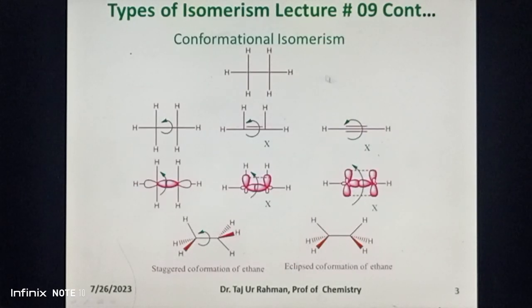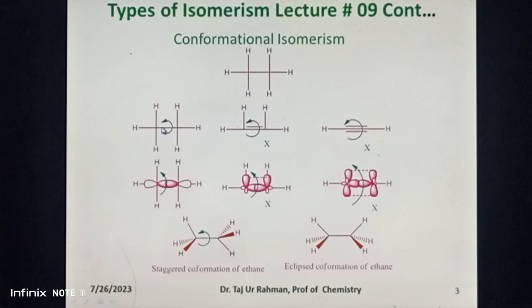Now consider this is an ethane molecule with molecular formula C2H6. Both carbon atoms in the ethane molecule are sp3 hybridized with a bond angle of 109.5 degrees. There is free rotation around the carbon-carbon single bond in this ethane molecule, and due to this free rotation, different arrangements of atoms are possible.